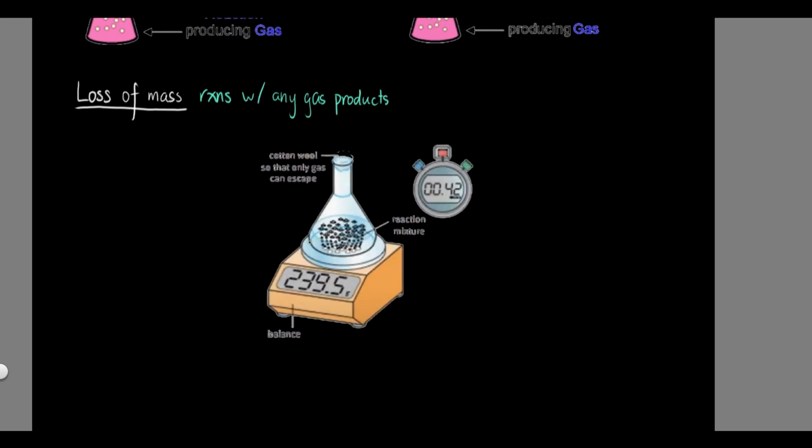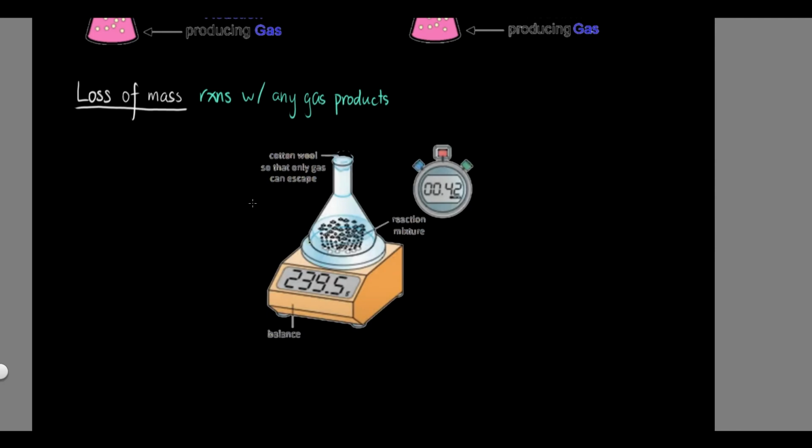Loss of mass. So basically, how you set up this experiment is that you have a stopwatch, of course, as always, and then you would put some liquid inside, and then you would tare it on the balance, so that you would see, or you could not tare it and just read and then subtract. But I find it harder. It's less intuitive.